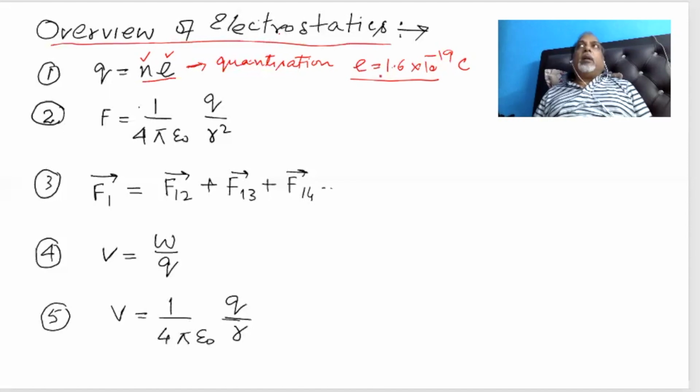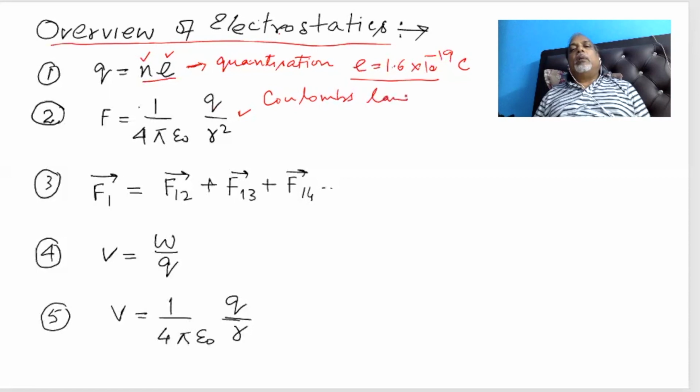Next is F is equal to 1 by 4 pi epsilon 0 Q upon R square. With this equation, what we have learned is Coulomb's law. It tells us, suppose you have Q1 and Q2, the force between two charges.